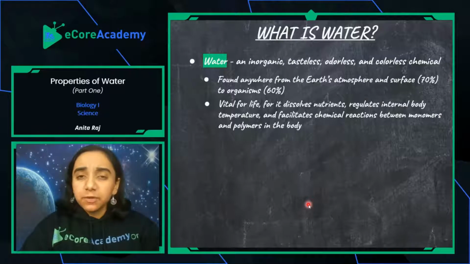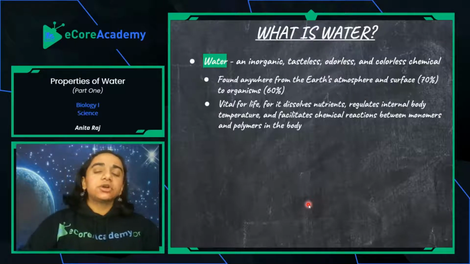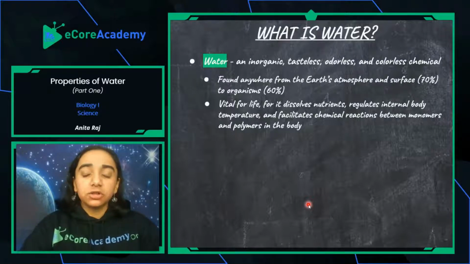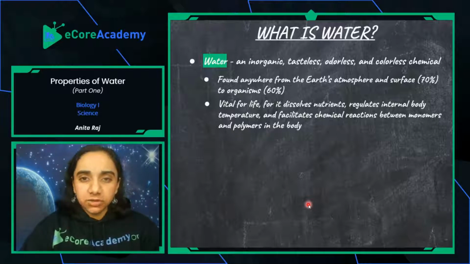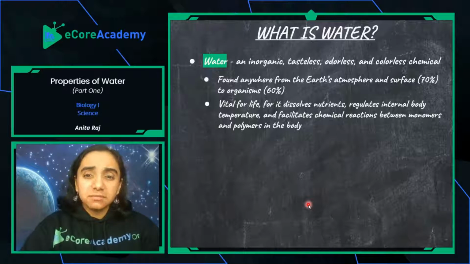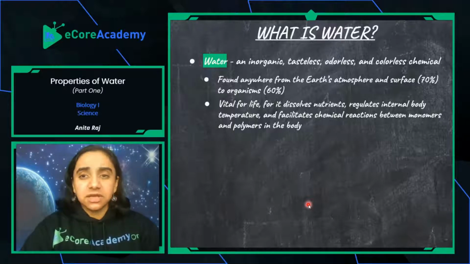If you guys remember, solutions are kinds of mixtures in which a solute is what is being dissolved by something called a solvent. So water, we'll learn about this later, is considered the solvent of life because it can actually dissolve most nutrients, most substances can be dissolved by water.